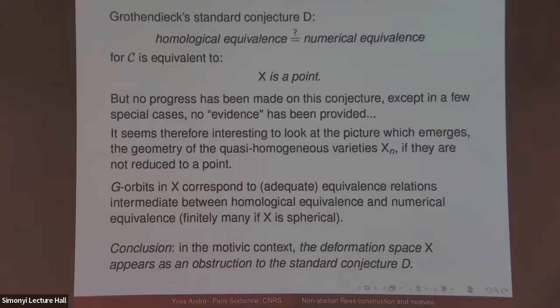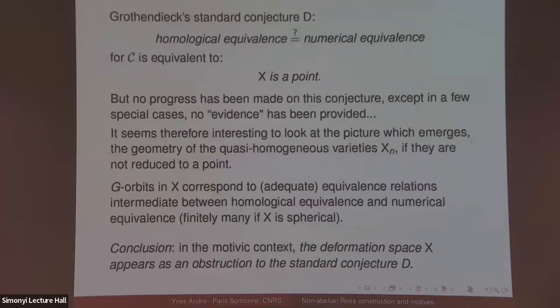The idea is that, by this construction, the G-orbits in X correspond to equivalence relations. Unhappily the standard conjecture is not true: there may be several adequate relations between homological equivalence and numerical equivalence.